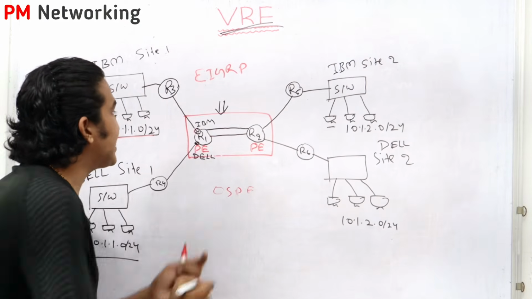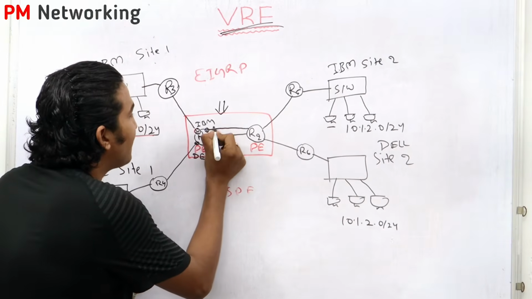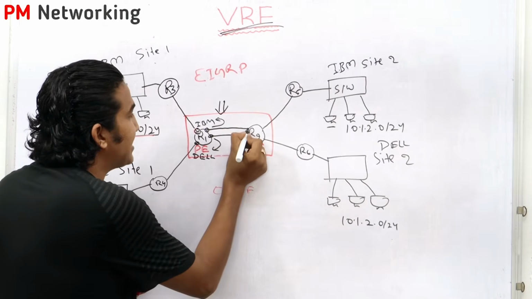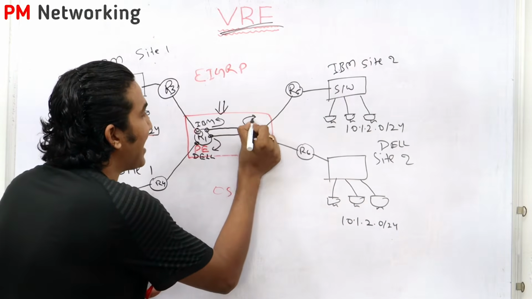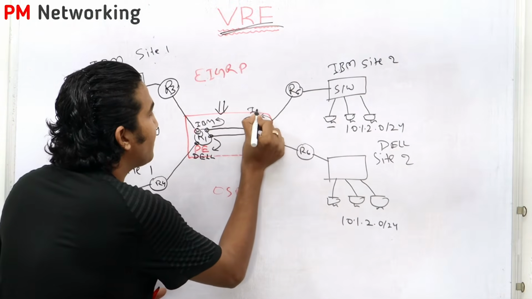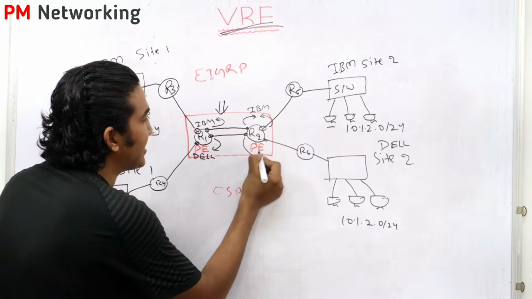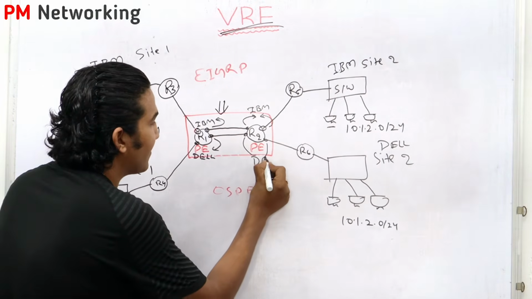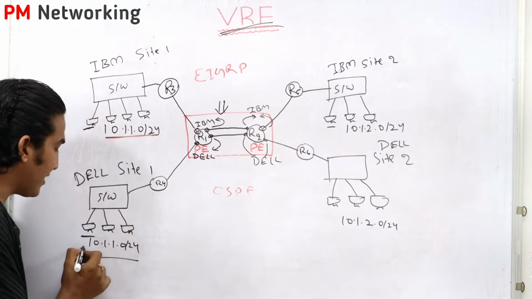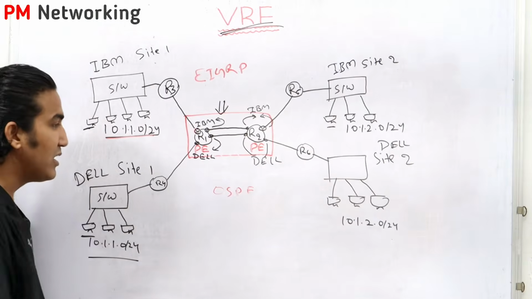For now, let's say I have assigned this interface to the IBM VRF and this interface to the Dell VRF. This interface is in the IBM VRF, and this interface is in the Dell VRF.